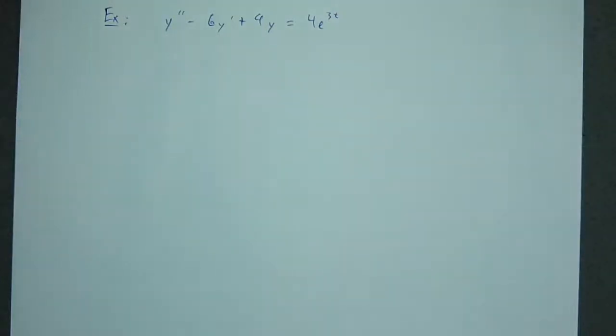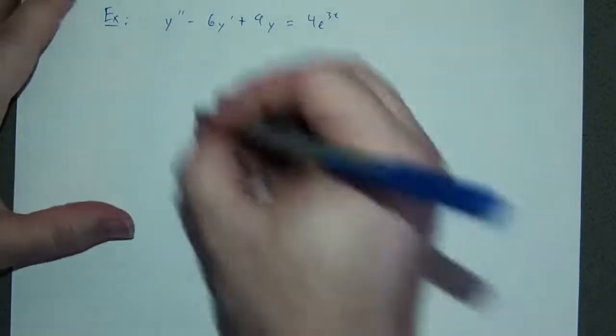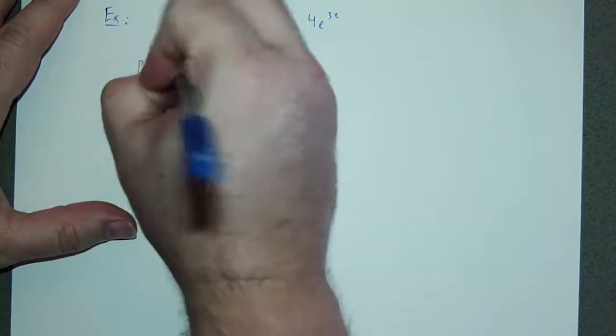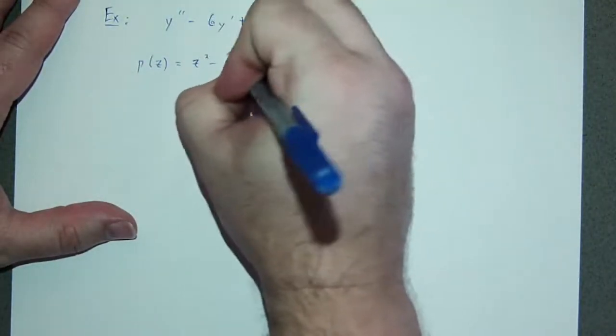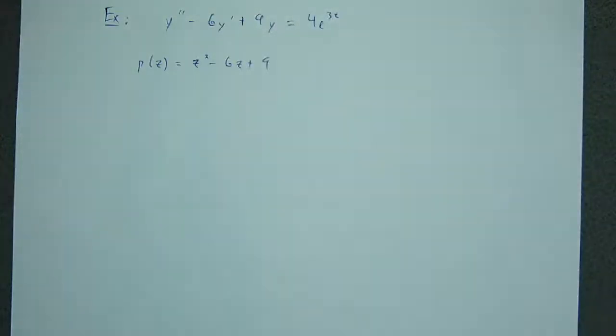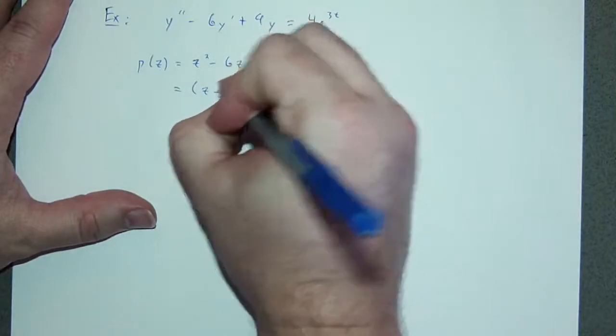You might also recognize this as something we did using undetermined coefficients. So again, what do I do here? So characteristic polynomial is z squared minus 6z plus 9. Does that factor? Yes, of course it does. This is z minus 3 squared.